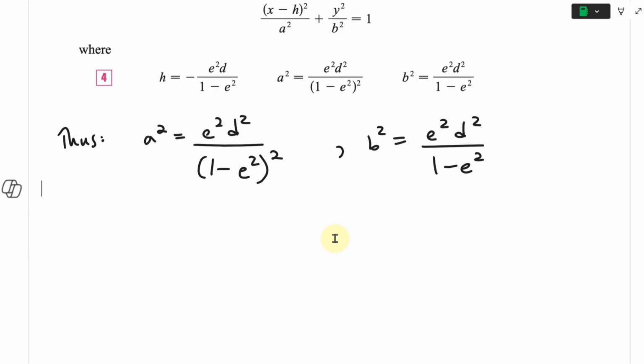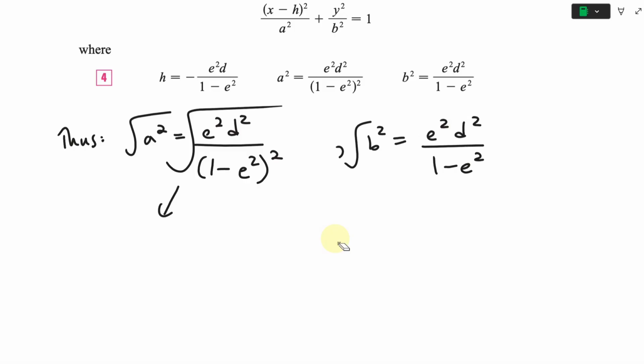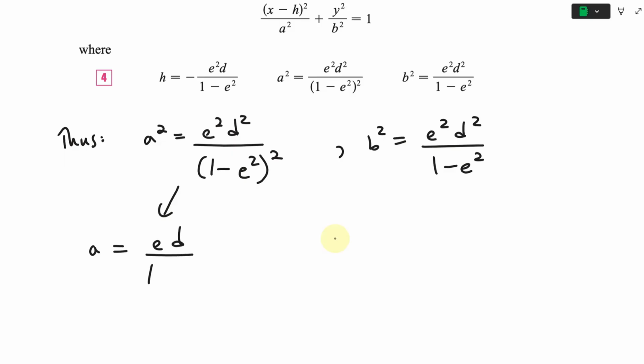All right, so now if I take the square root of both sides, same thing over on the other side, what we get is a equals ED over, this one squared, 1 minus e to the power of 2, whereas b equals ED over the square root of 1 minus e squared.